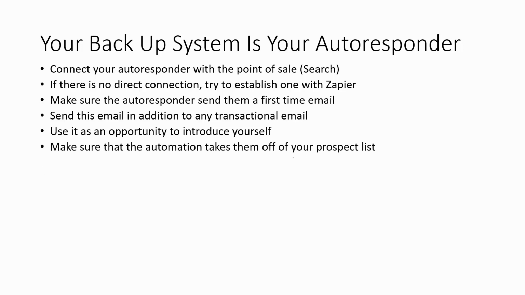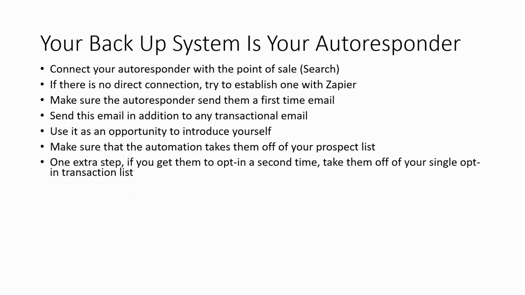Now, one more important thing about this, which we talked about earlier in the series: when you make this sale, you want to make sure that the list automation takes them off the prospect list, right? So make sure that that happens.